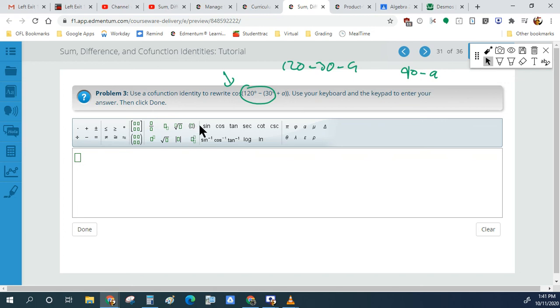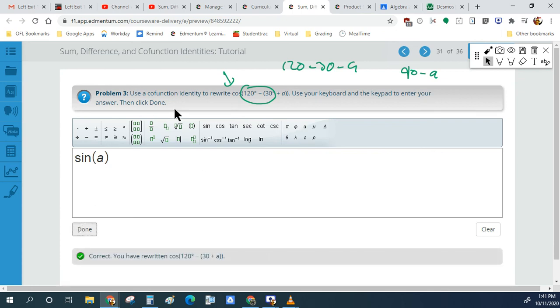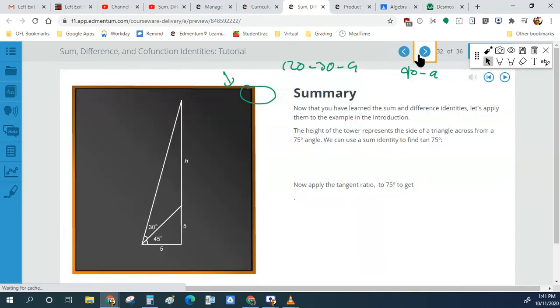And for some reason, I was able to type in sine last time, but it was picky with secant. So I'm just going to keep this going. And I'm just going to type in A because I don't see any A to type in there. So, like I said, it was just a trick question. It's like, oh, look how weird this is. Not really. It's 90 minus A.